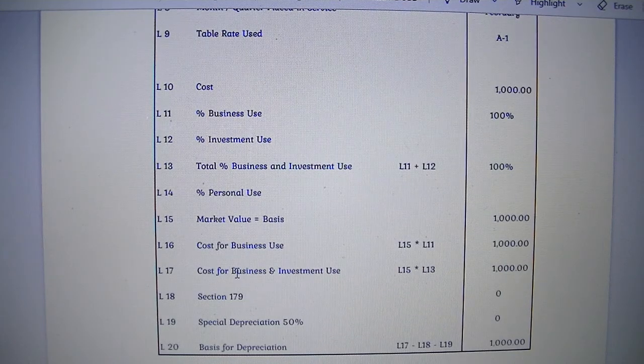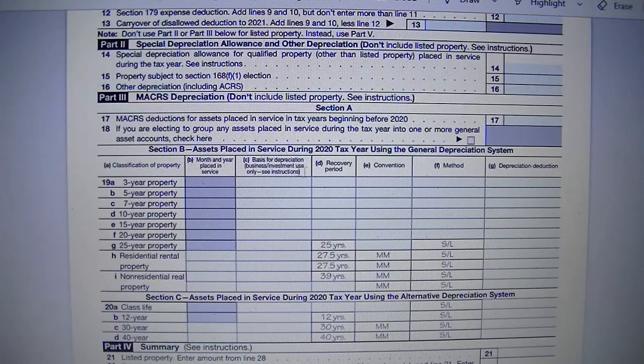We discussed that in prior videos, but that's how you calculate the basis for depreciation for an asset you place in service in the year you are filing the tax for, so that you know the amount you are going to recover over the useful life of your assets.